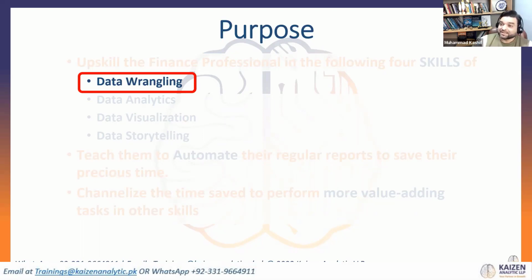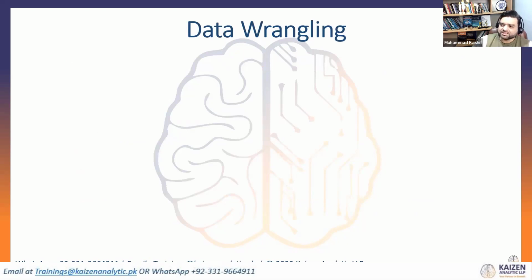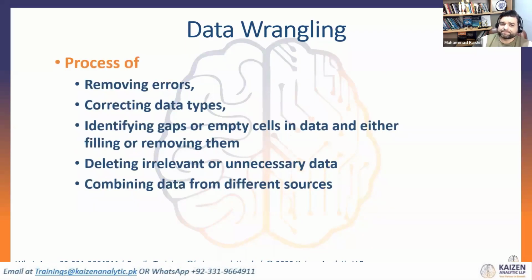As far as data wrangling skills are concerned, it is a process where you remove the errors, correct the types, delete the unnecessary items, and keep in the table just the necessary items. And along the way, you need to connect with different sources as well.